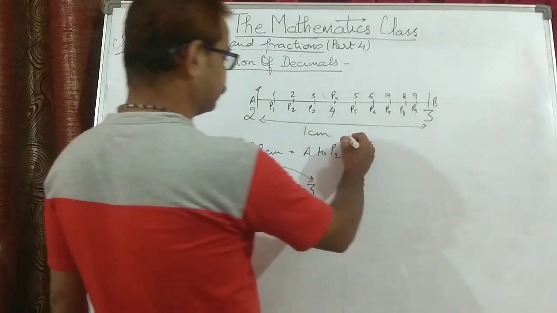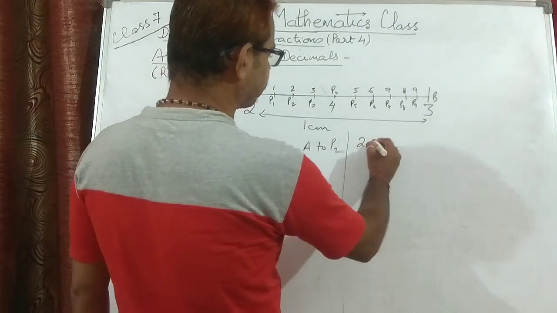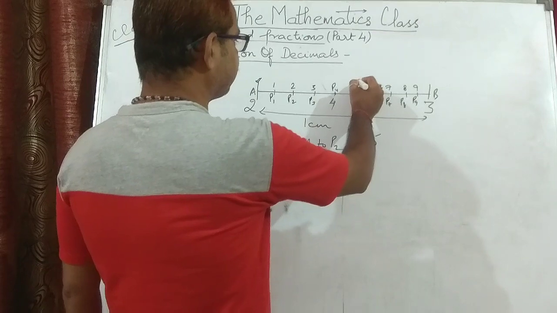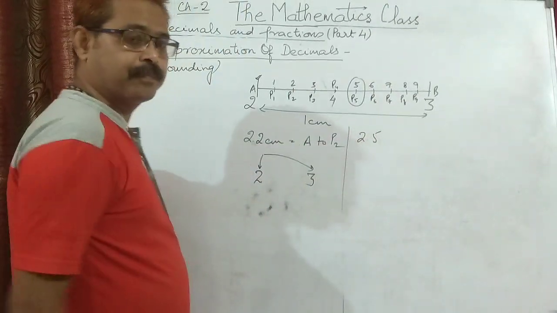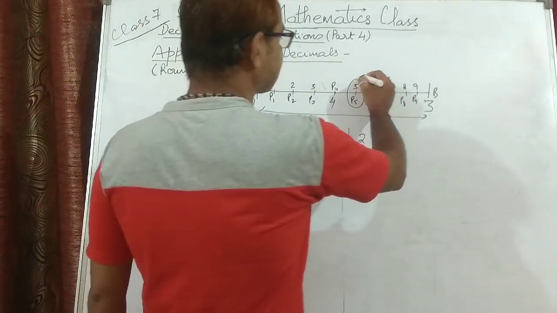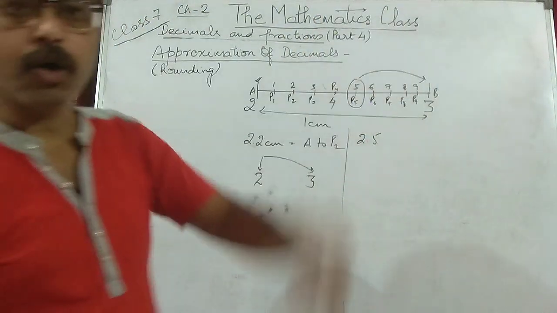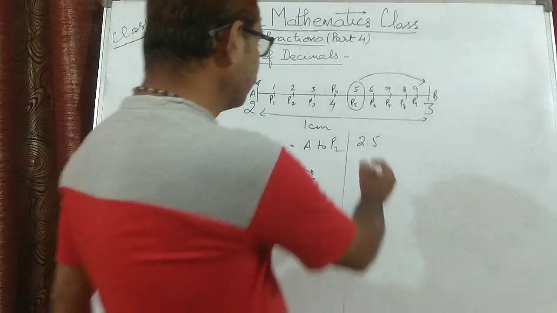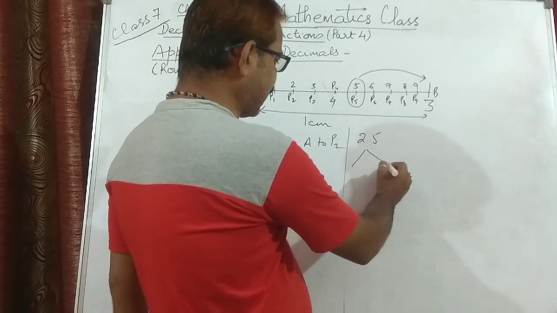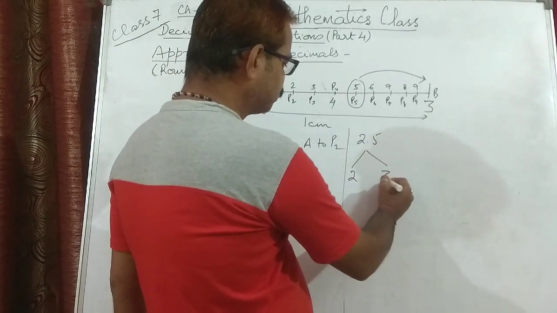Now let's take 2.5. 2.5 is midway. So we always consider that it is easy to reach ahead or above. So this will be considered as near to 3.